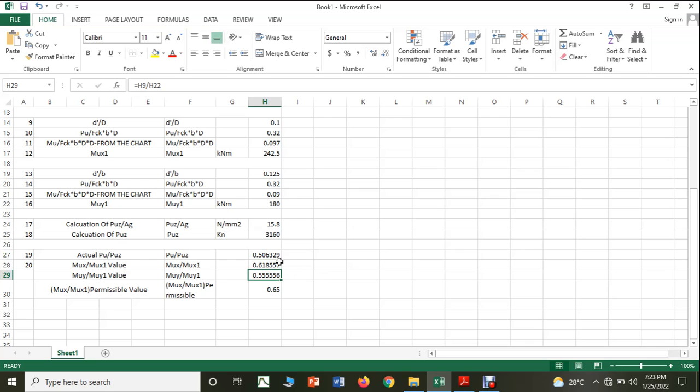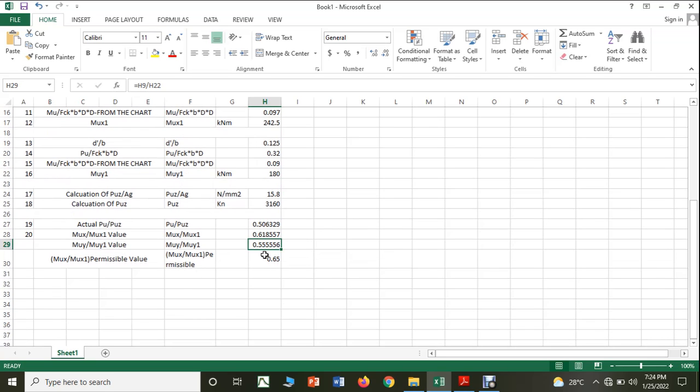From that you are going to get your permissible value as 0.7. This 0.7 is much higher than the MUX by MUX1 value of 0.61. Therefore that percentage of steel is more than sufficient. Like this we are supposed to design the biaxial loaded column.